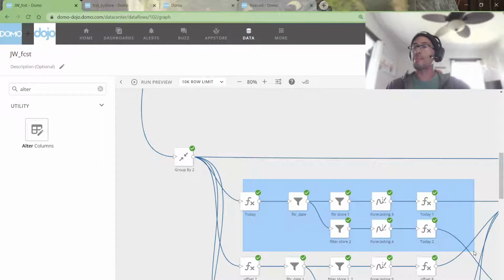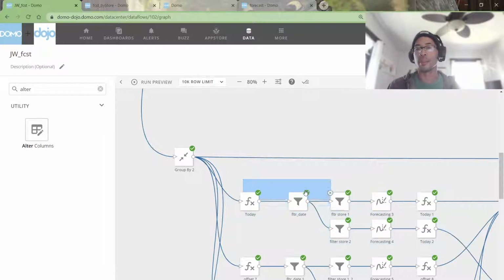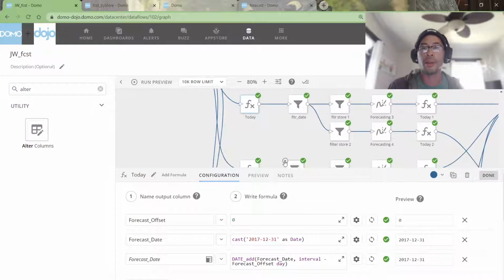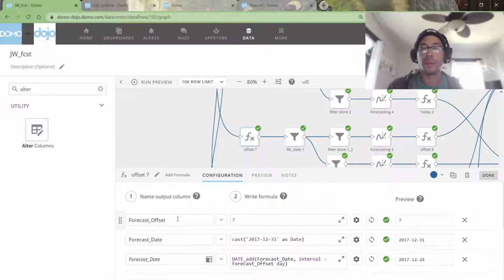What I also want to build into this pipeline is accountability. I'm using a forecast offset of 0, which will return this forecast on this date today. But I also want to capture, hey, what was my forecast 7 days ago?